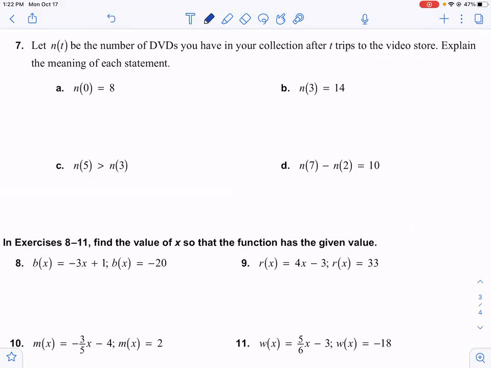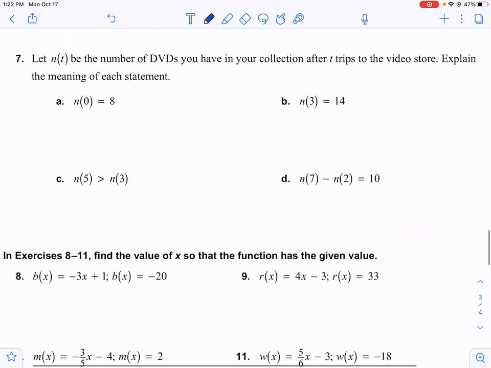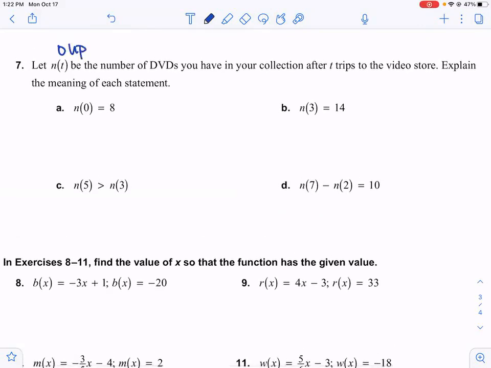Okay, N of T is the number of DVDs, so our output is the number of DVDs. And after T trips, do you see how T is in our function? That is our input, the number of trips. So N of 0 equals 8. Well, 0 is our input and 8 is our output.